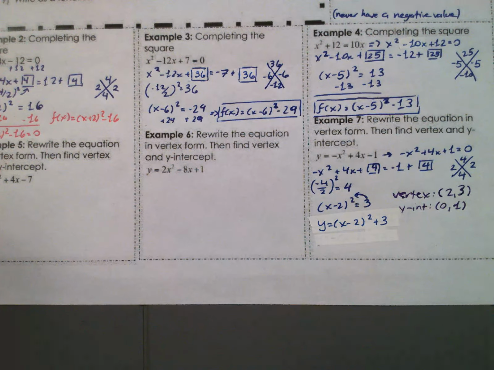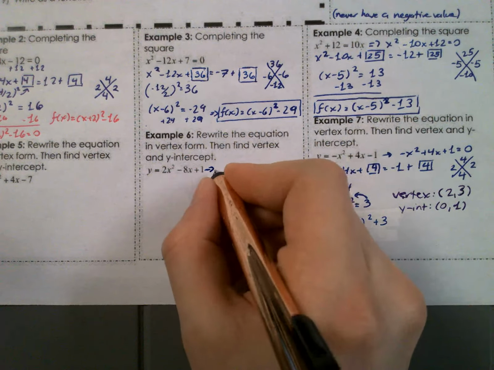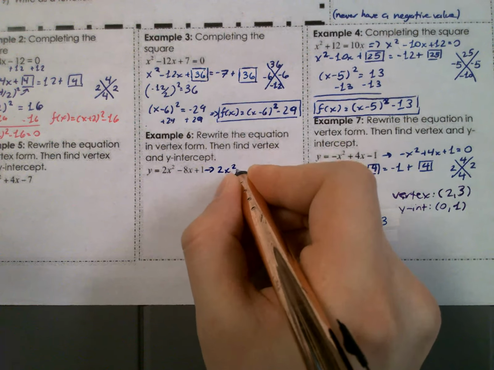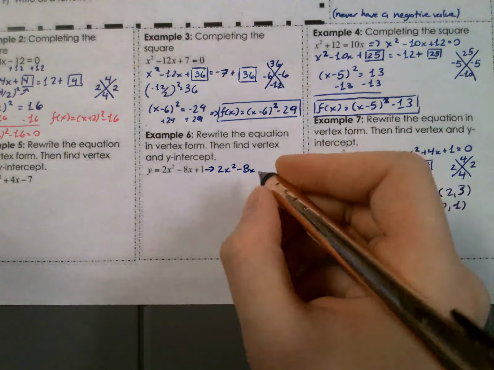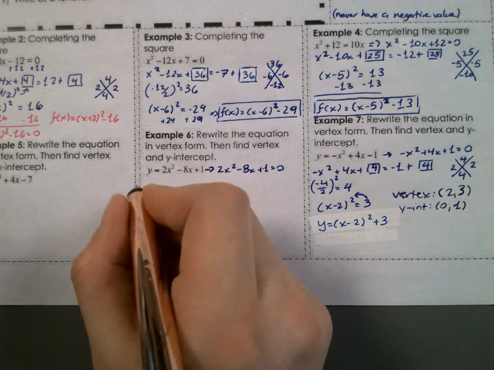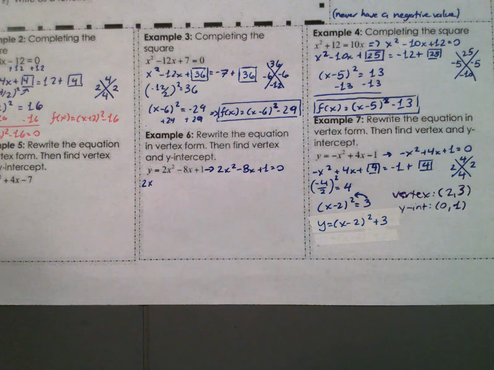First things first, rewrite this so that the C term is on the right side of the equal sign, set it equal to 0. So we'll have 2x squared minus 8x plus 1 equals 0. Now, remember, oh, I almost forgot something.